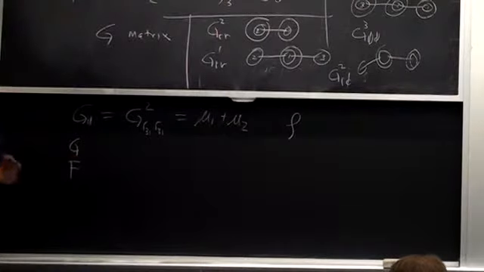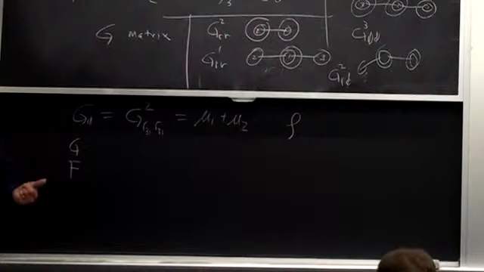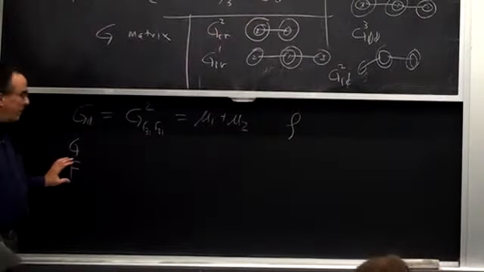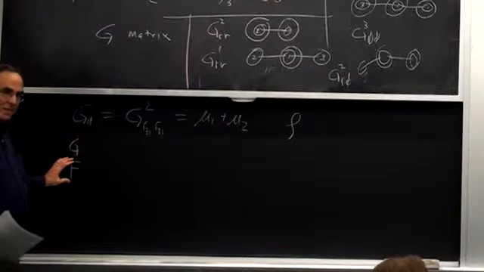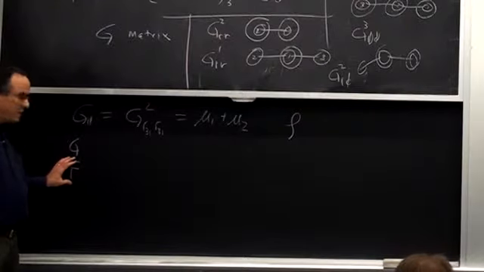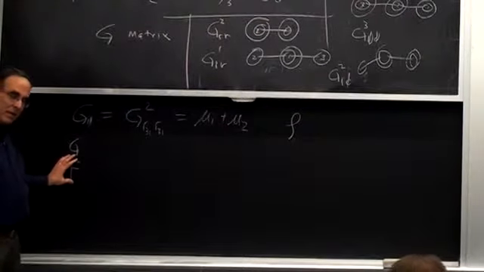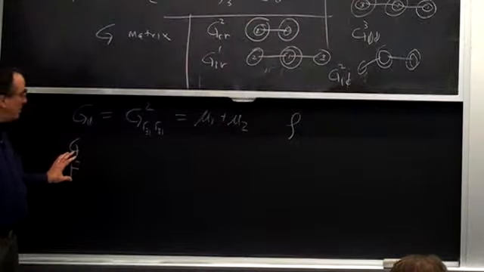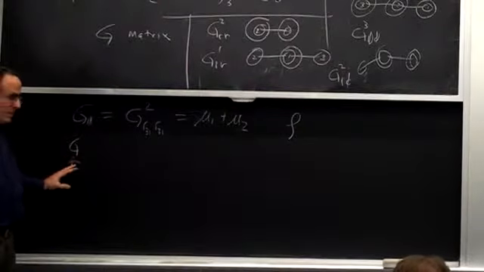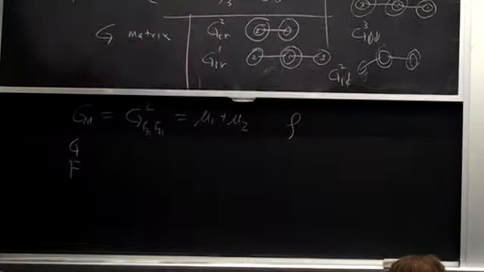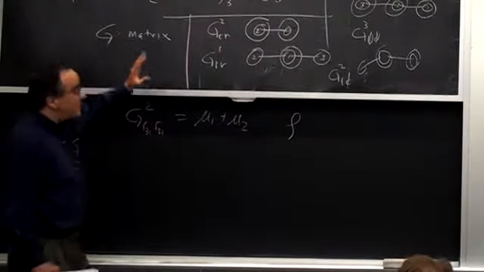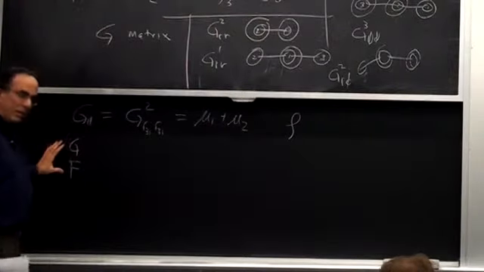But when you do an ab initio calculation, what you get is not a 3n minus 6 by 3n minus 6 dimensional force constant matrix. You get a 3n by 3n matrix, and you have to do a transformation to reduce it to this. Okay, but if you have the S's, then you can do that. I'm just not going to talk about it.